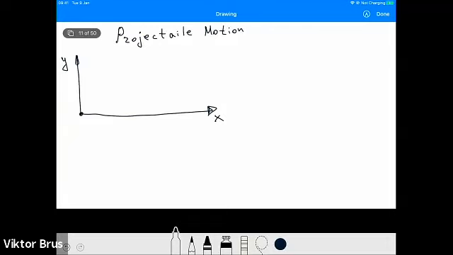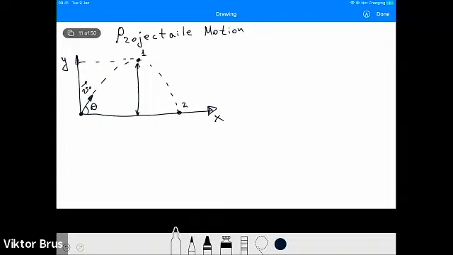At the origin of the coordinates we have a body which at time zero is thrown with velocity v0 at some angle theta to the horizon, to the axis x, and it will follow this trajectory. It will go up and down. For understanding, let's start from two key points, point 1 and point 2. Point 1 defines the maximum height this body will reach.